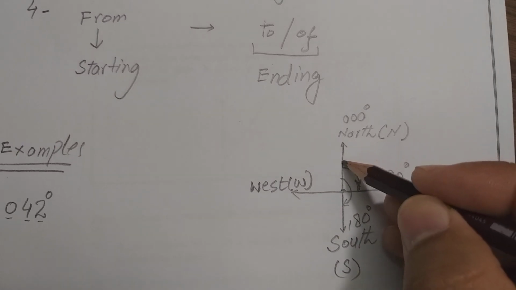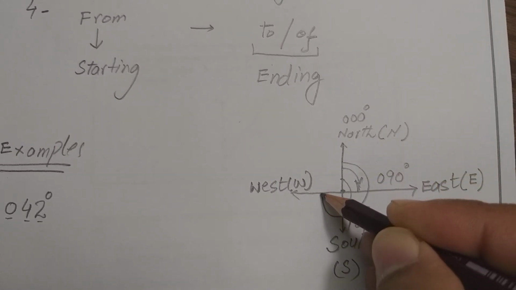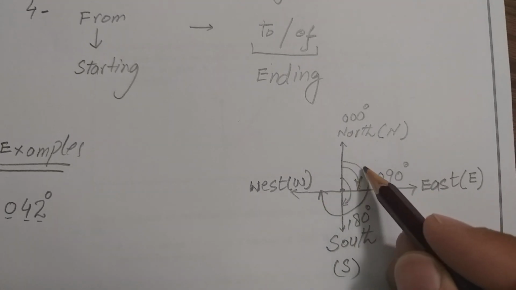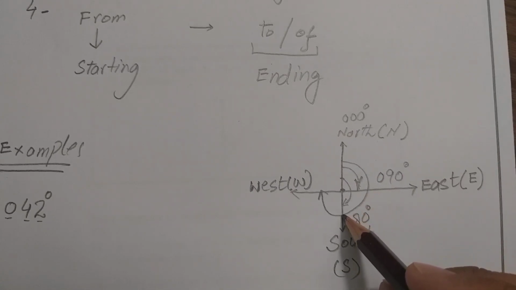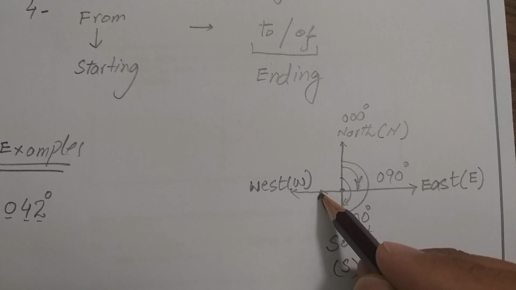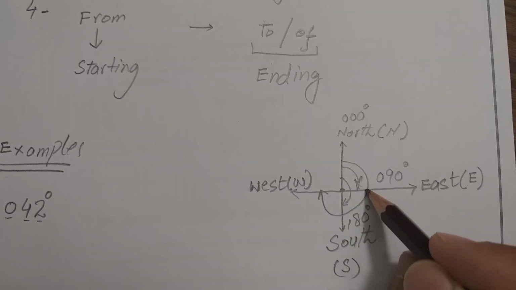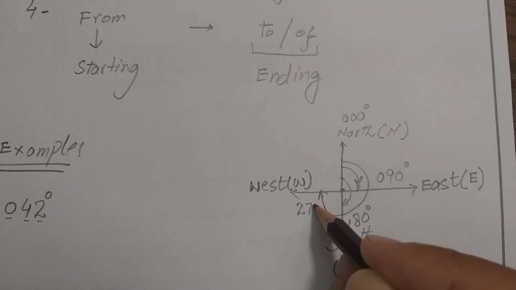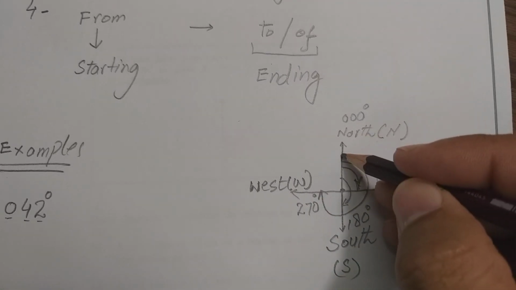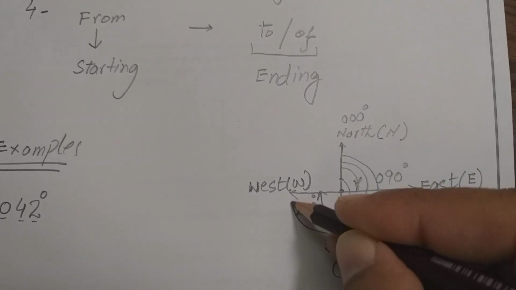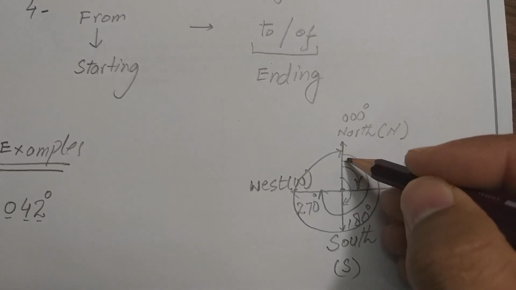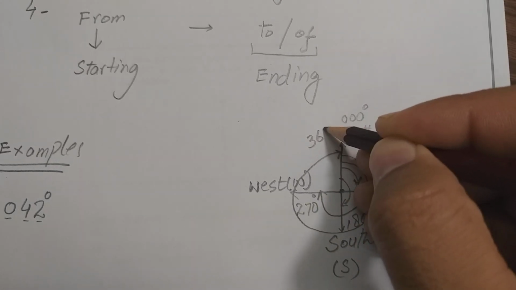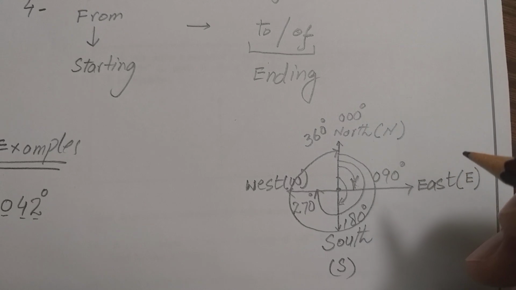If we move towards the west line, from here to here 90, then 180, and from this point another 90, all these three 90s equal 270. This is already in three figures. When we rotate the complete circle, it hits where it starts, so it comes to 360, which is also considered as 000, a complete circle.